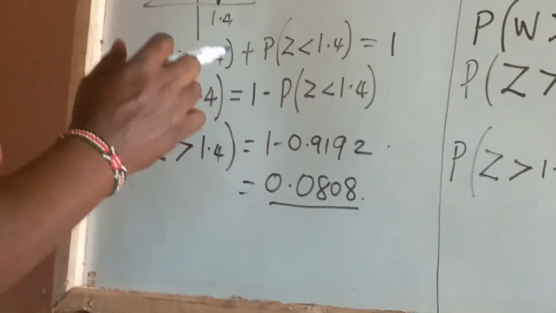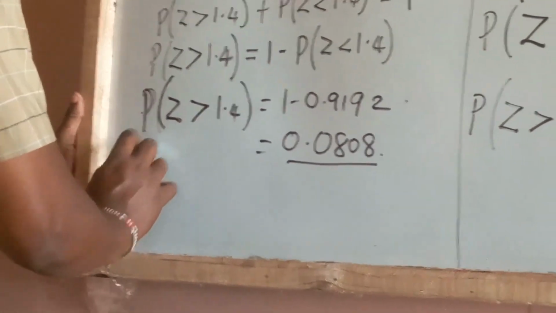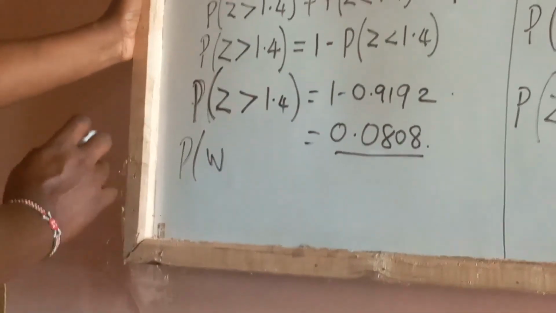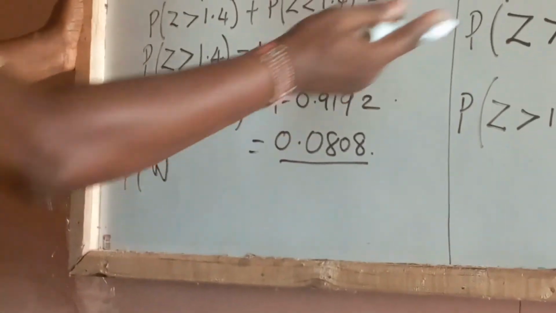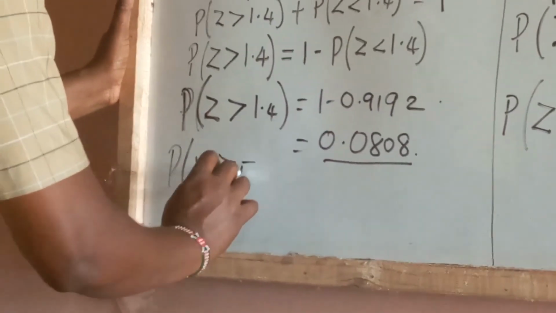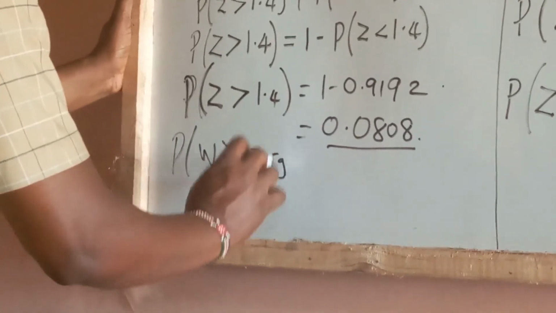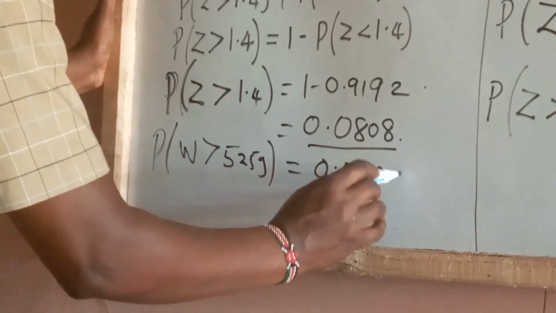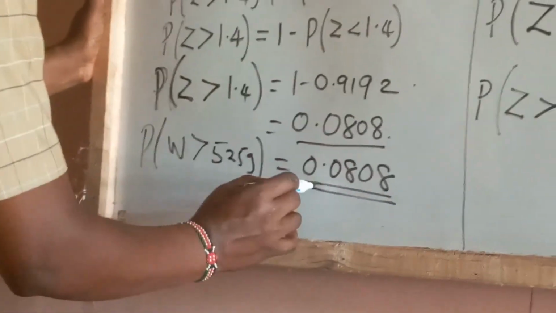So the probability that we're going to have boxes that weigh more than 525 grams is 0.08. And that is our final submission.